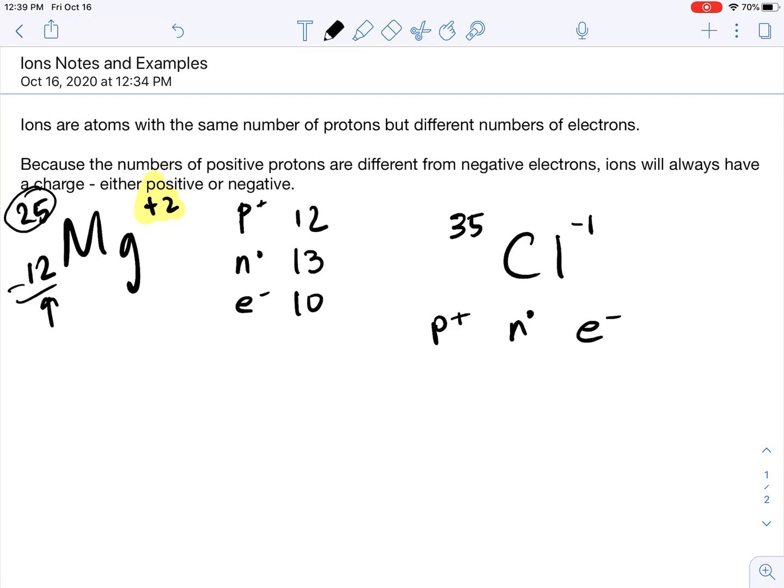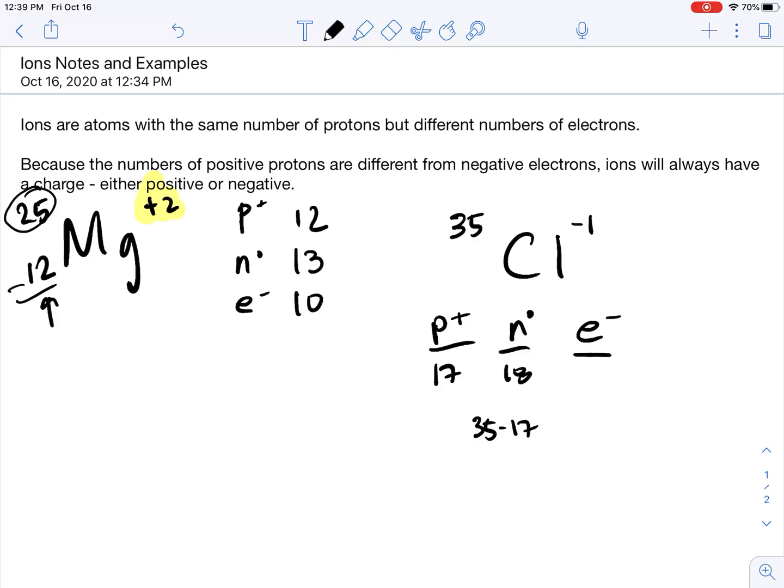Now I didn't write the atomic number on here because you can look it up on your periodic table. You can find chlorine on the right-hand side and see that its atomic number is 17, and so that's the number of protons. Usually that's also the number of neutrons and electrons, but not in this case, because this has a mass number of 35. So you take 35 minus 17 to find the number of neutrons, which is 18.